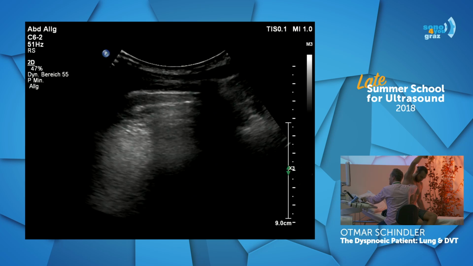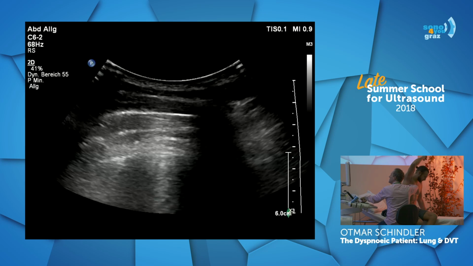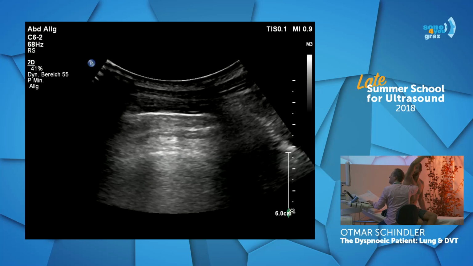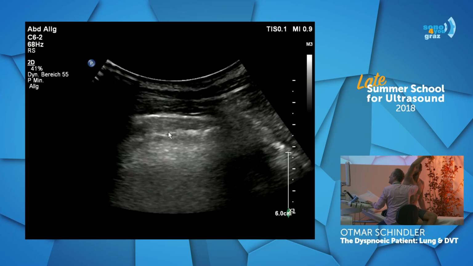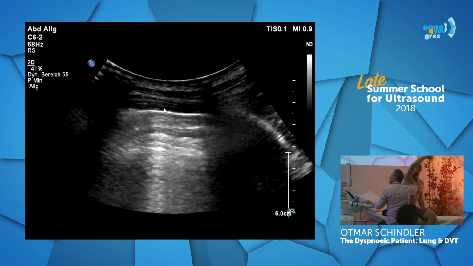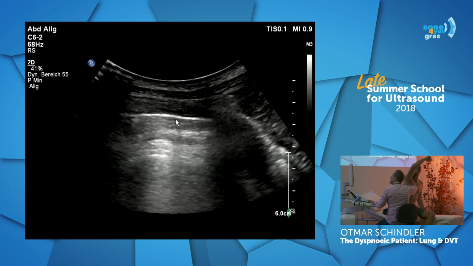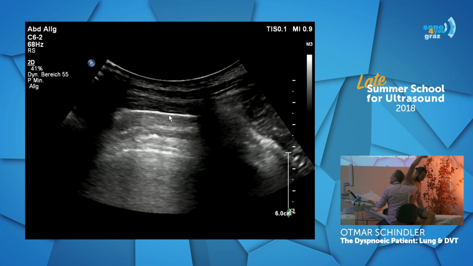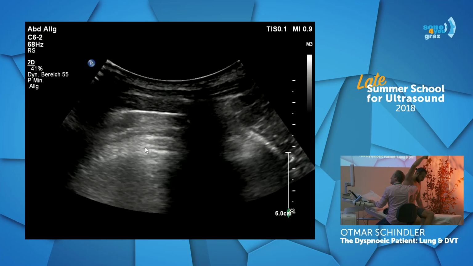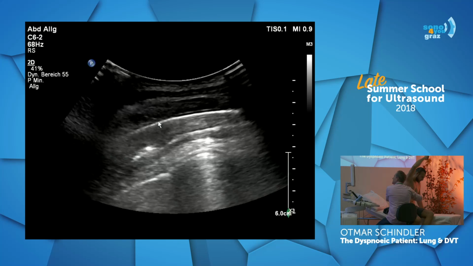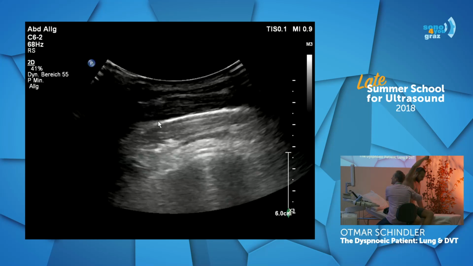So there's the lung surface. We see here the lung sliding. Below there are just artifacts, and the so-called pleural line is quite clear, no defects.